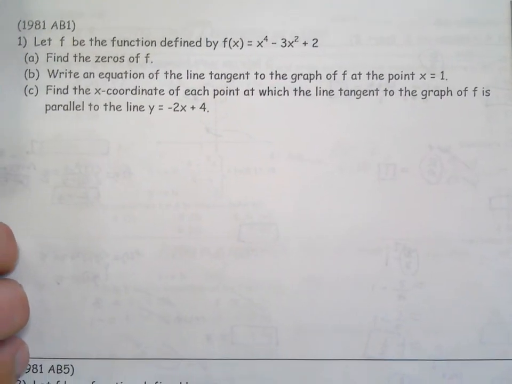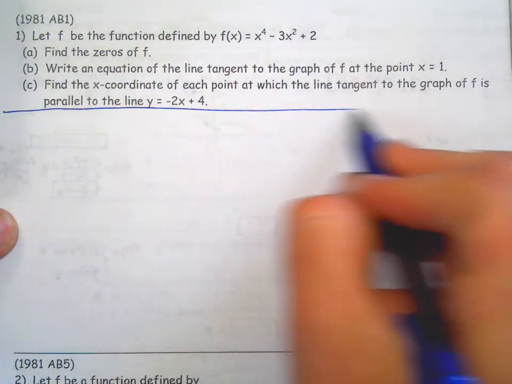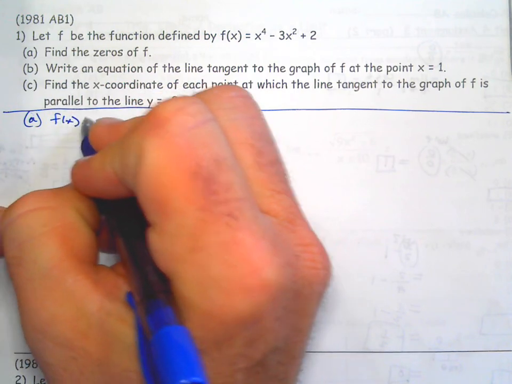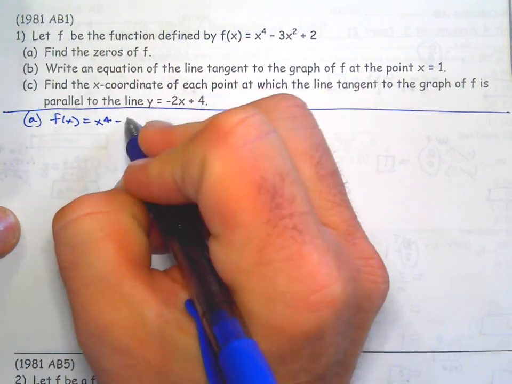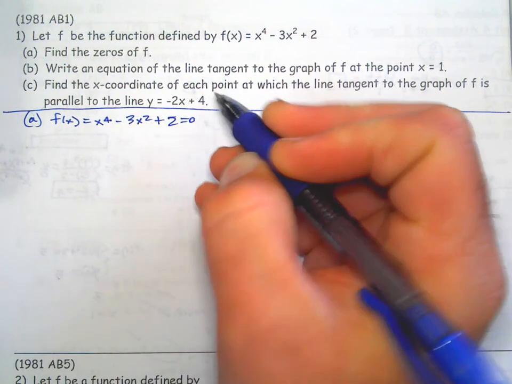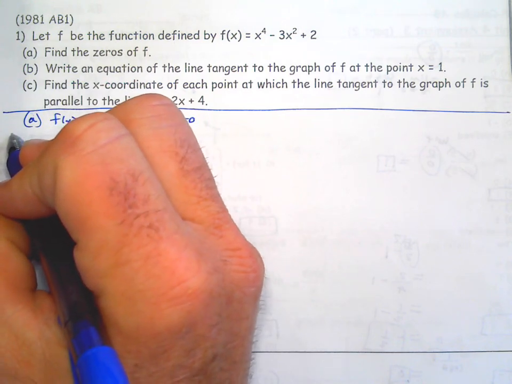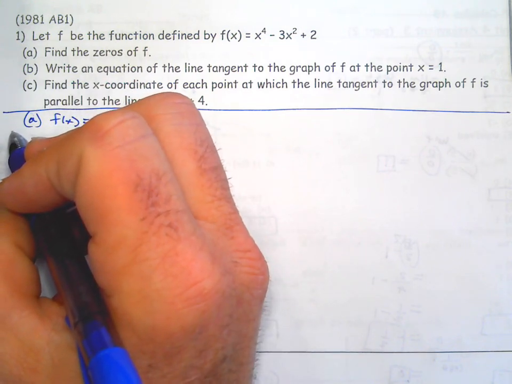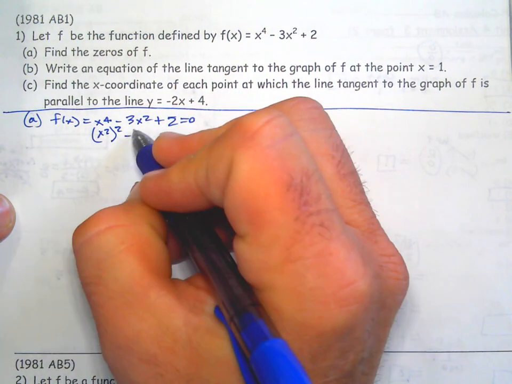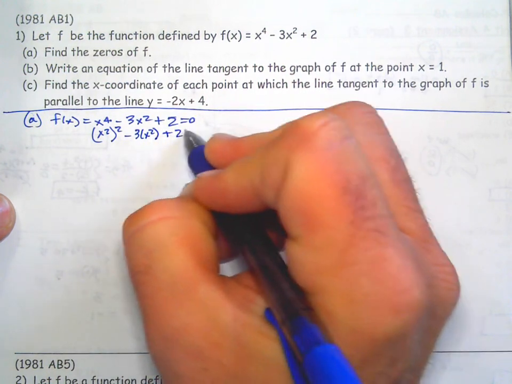All right. So let f be the function. Find the zeros. That's really kind of an algebra problem. Find the zeros means when does the function equal 0? In other words, what are its x-intercepts? So now this is a quartic. So I think we have to use the rational root theorem. Well, I don't know. Can we? Well, no. Maybe we could get creative here. Let's think of this as a quadratic, but with x squareds in there.